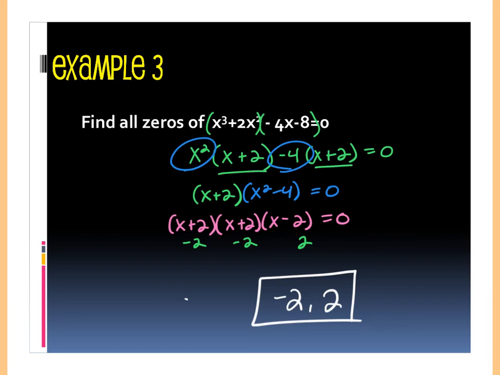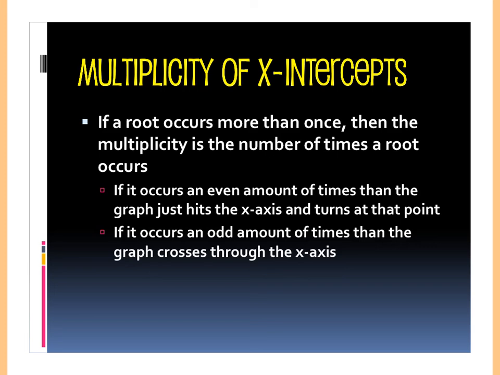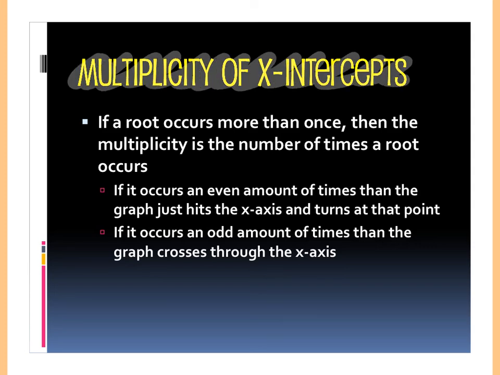We good so far? All right, so this is multiplicity. The multiplicity of the x-intercepts is the number of times the root occurs. So if it occurs more than once, obviously, if it's just once, then that's just once. But if it occurs more than once, it's called the multiplicity.